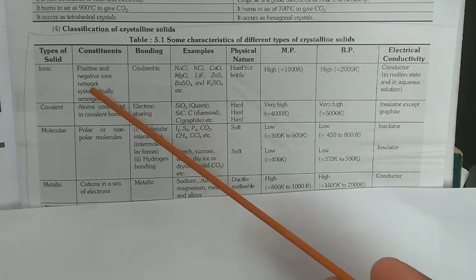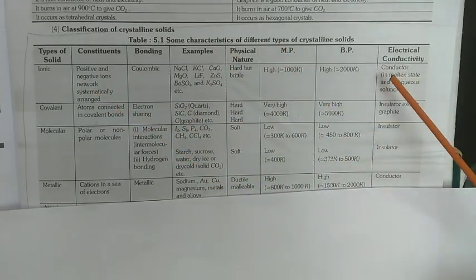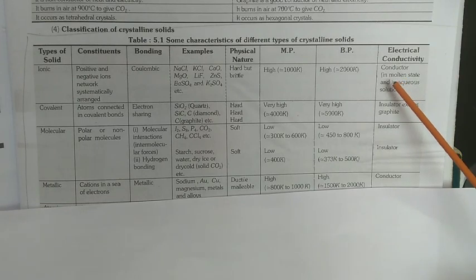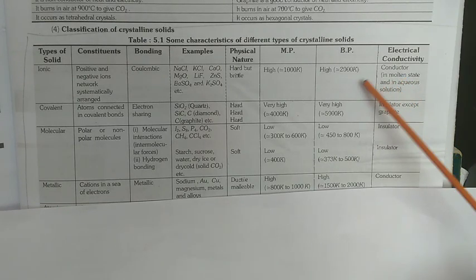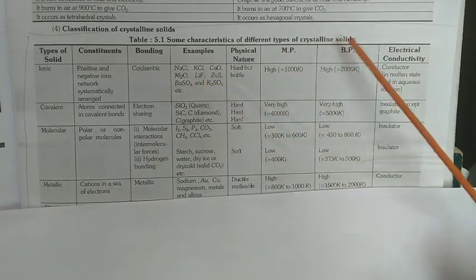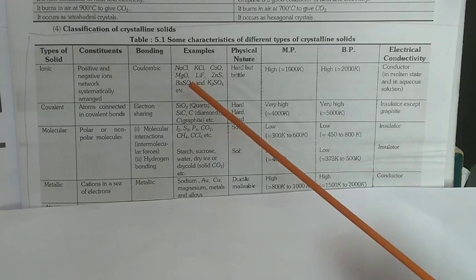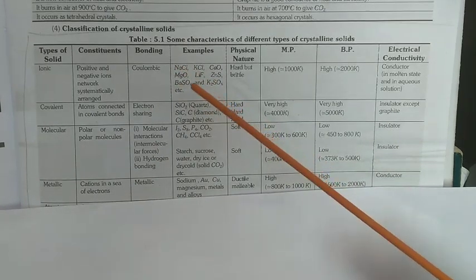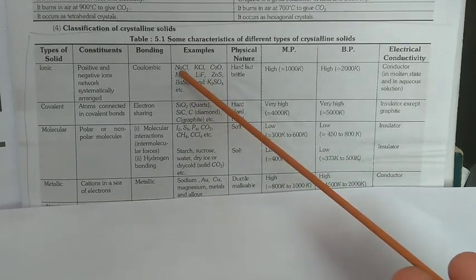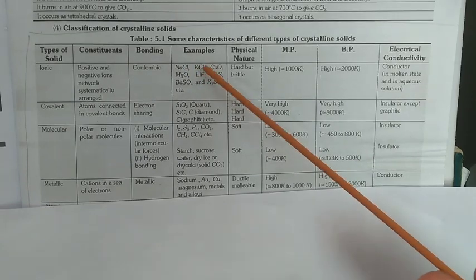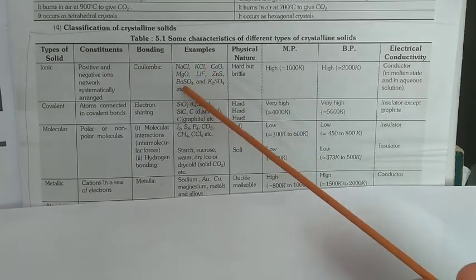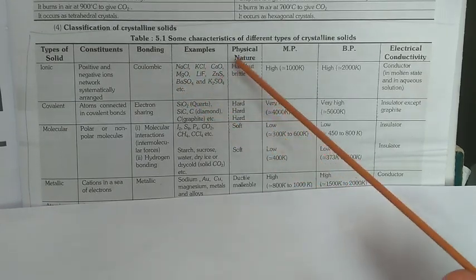They are conductors of electricity either in the molten state or in the aqueous state. Most ionic solids conduct electricity in aqueous medium. We can take many inorganic salts like sodium chloride, potassium chloride, barium sulfate, potassium sulfate.